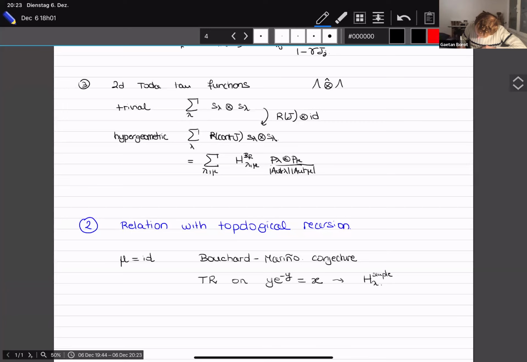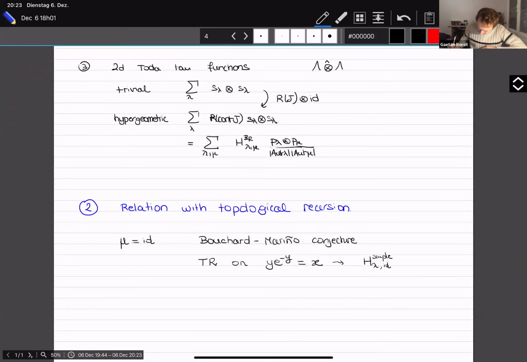You can extract the simple Hurwitz numbers, so with this trivial ramification here. And this was around 2008, and by now this has three different proofs. So it's a well understood thing, but that was the starting point.